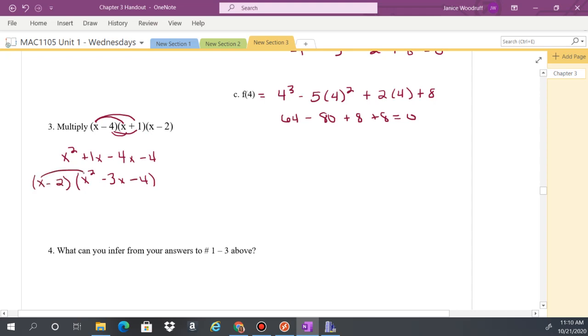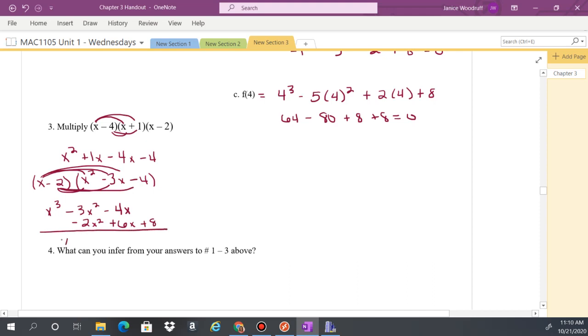So x times x squared, x cubed, x times -3x, -3x squared, x times -4, -4x, then -2 times x squared, -2x squared, -2 times -3x will give us a positive 6x, -2 times -4, positive 8.